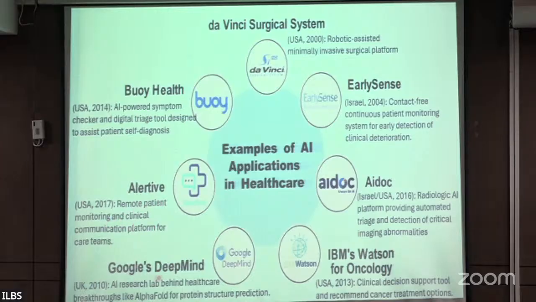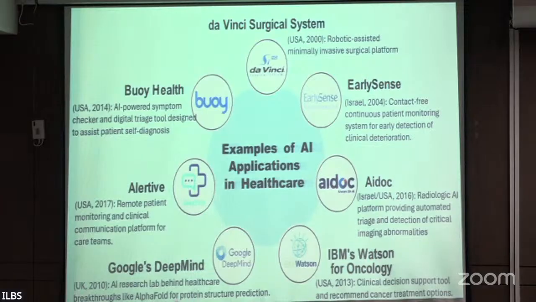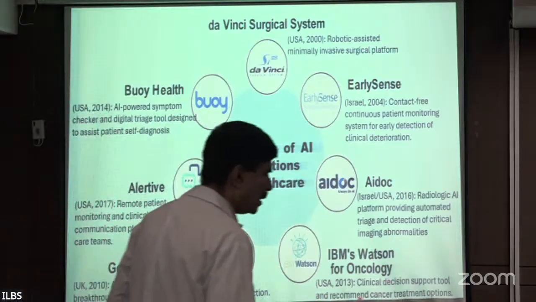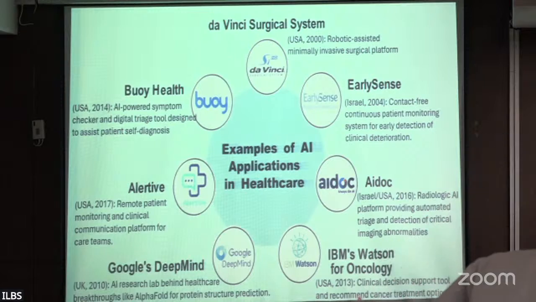Google DeepMind is a research lab, a virtual facility for different molecular level analysis or high dimensional clinical data analysis. IBM Watson for Oncology is a decision support tool for recommending therapy in cancer. All these are very well known and established AI based solutions for clinical problems in the global situation.